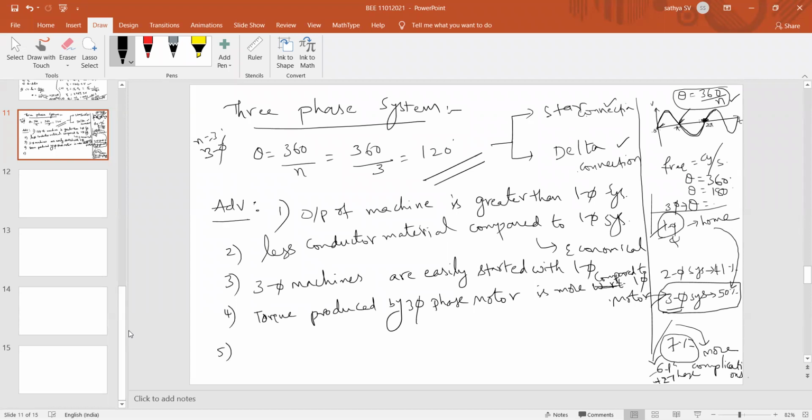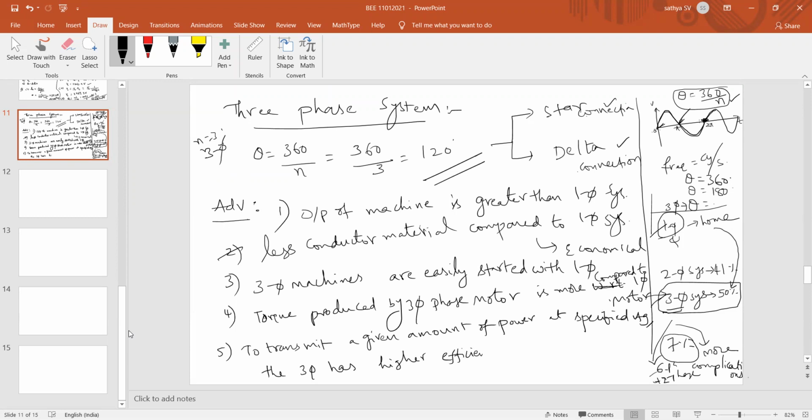The power I mentioned in this second point: to transmit a given amount of power at a specified voltage, the three phase system has higher efficiency when compared to your single phase system.